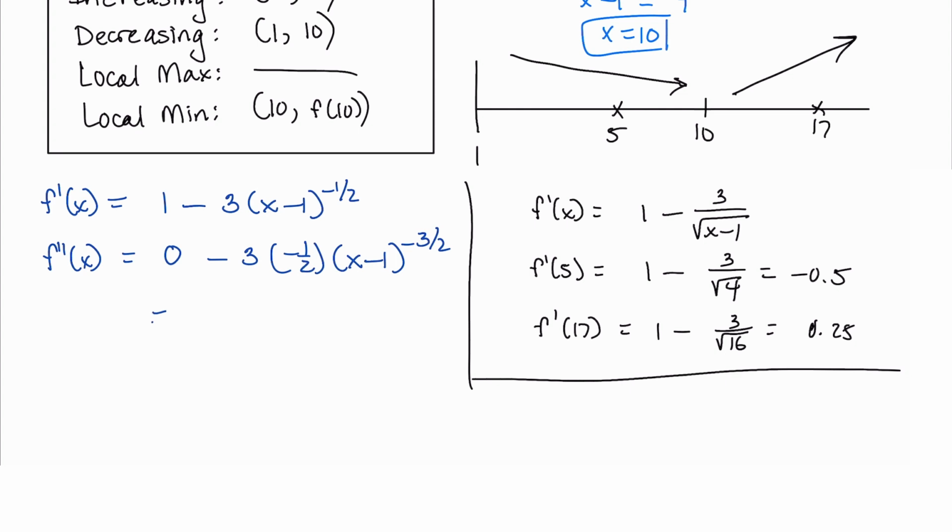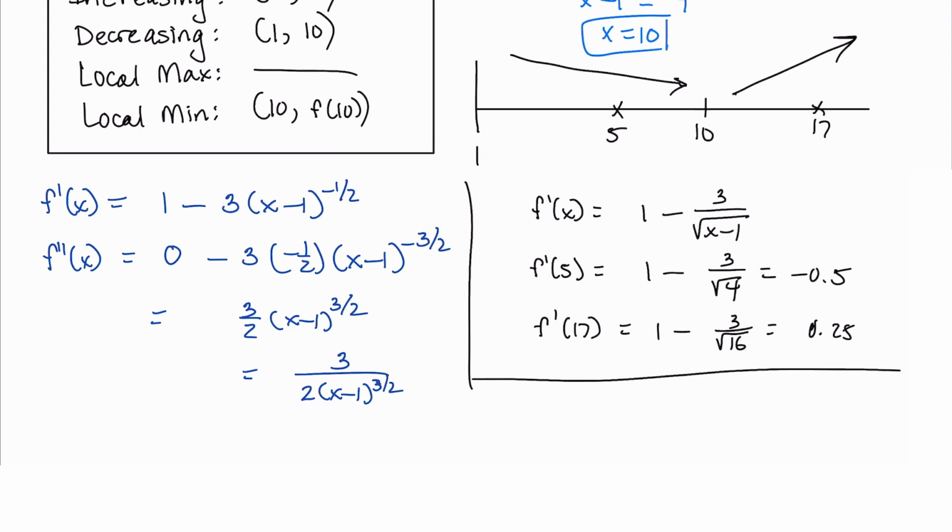Now, if we simplify that a bit, we get 3/2 times x minus 1 to the negative 3/2, which is 3 over 2 times x minus 1 to the 3/2.